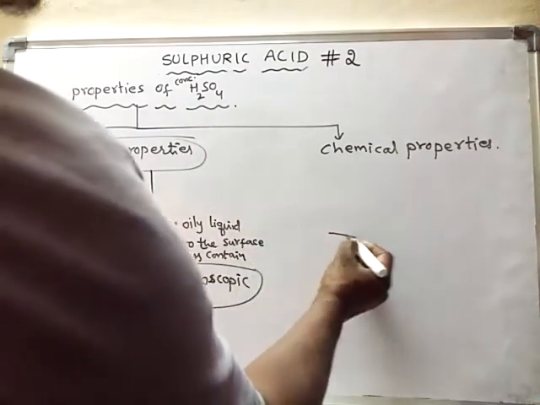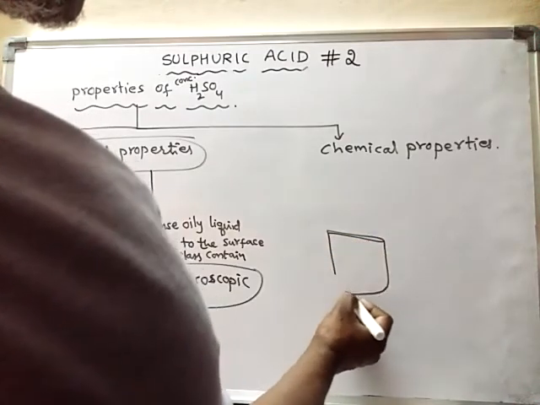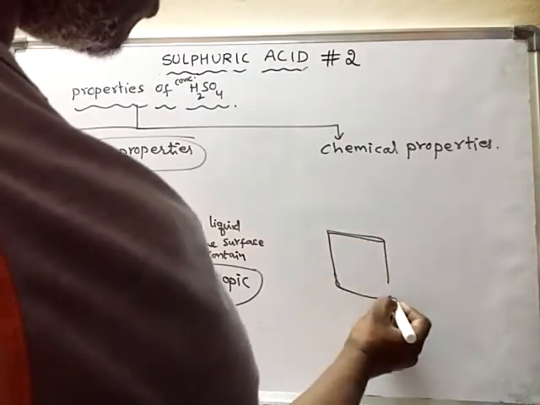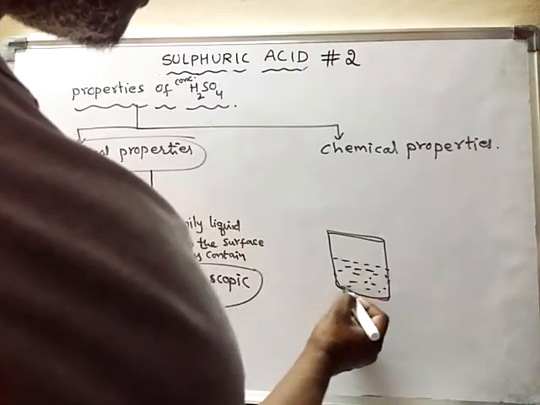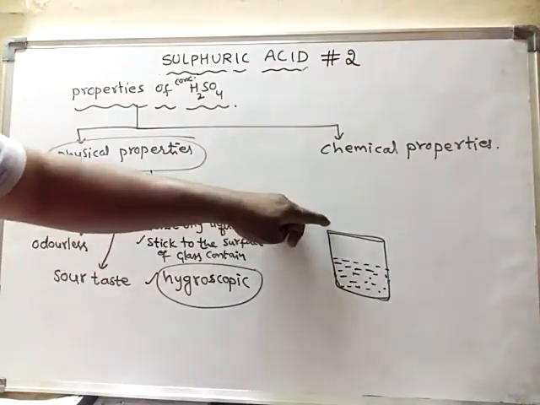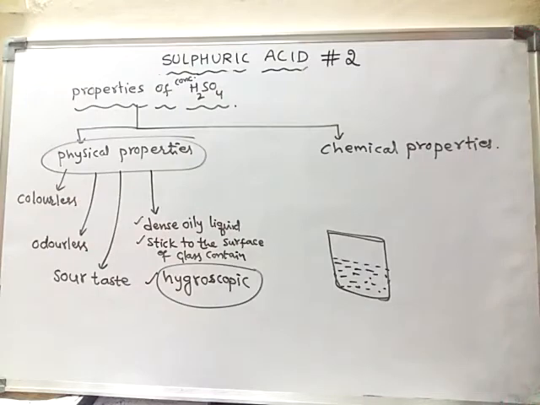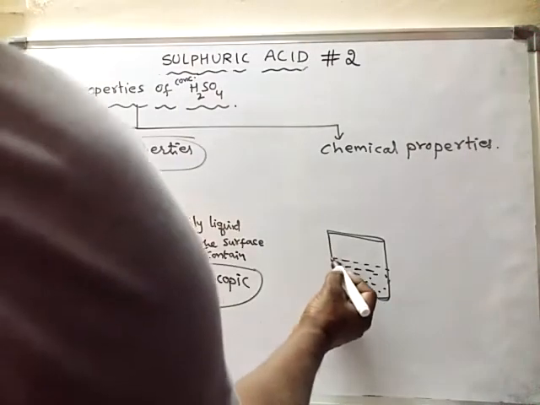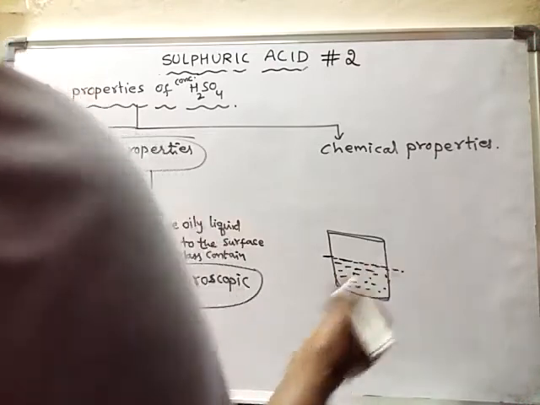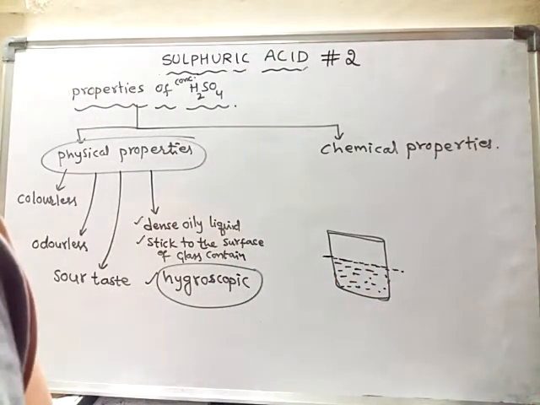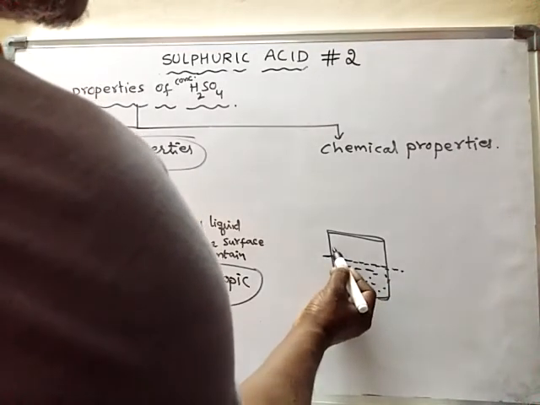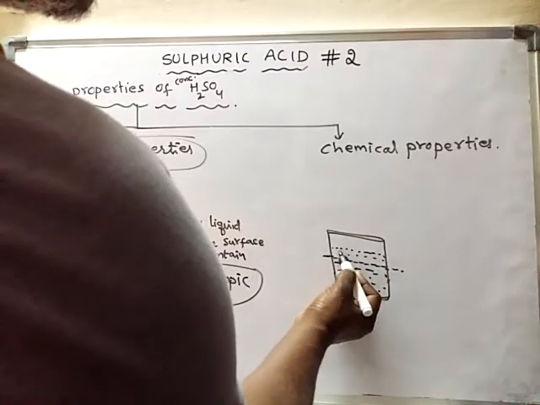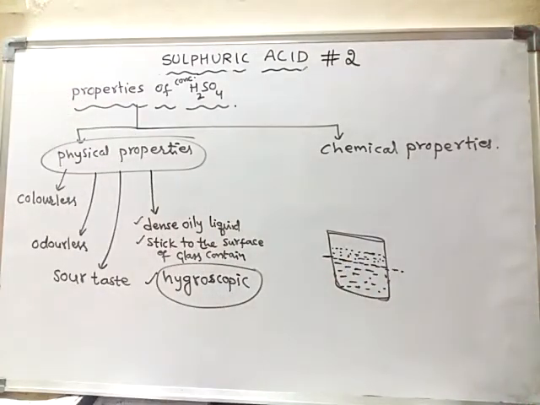For example, if I take concentrated sulfuric acid in a beaker or any container and open the lid, this is the level of concentrated sulfuric acid. After 1 or 2 days, or else 3 days, if I come back to look at the level, I will find that the level of the sulfuric acid has raised.